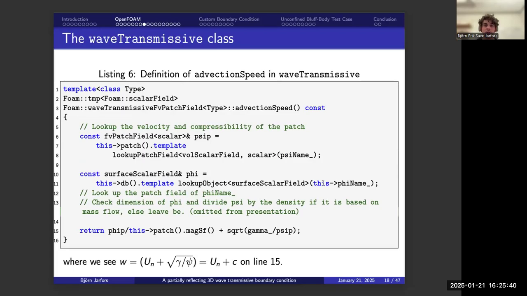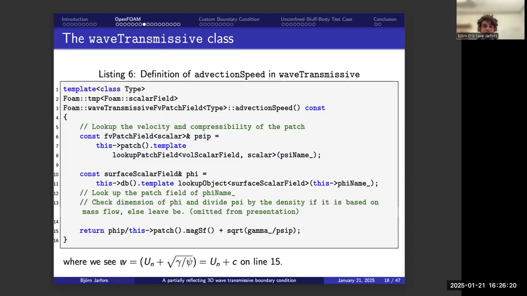And if we move over to the wave transmissive case, because this is the main difference between the wave transmissive and advective boundary condition, it instead returns the phase flux divided by the magnitude of the surface normal gradient, plus the square root of gamma divided by the compressibility field, which you can also see that it collects from this definition here.